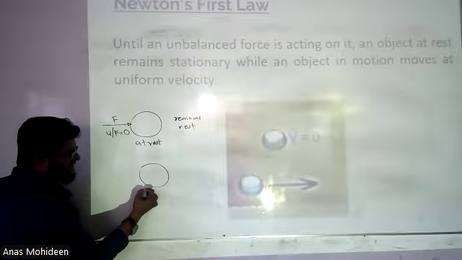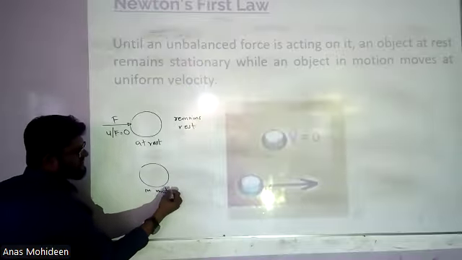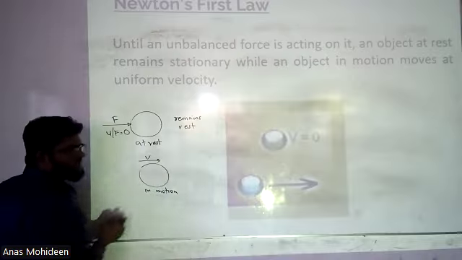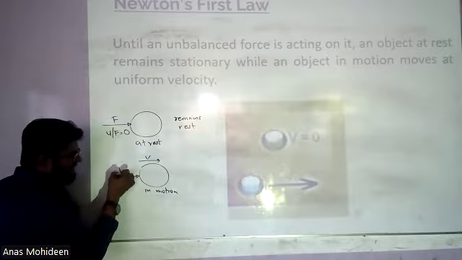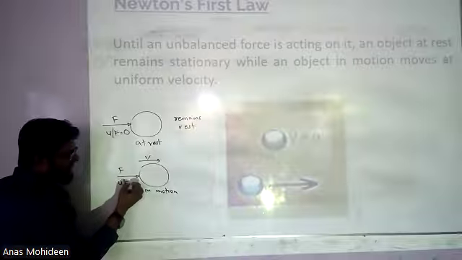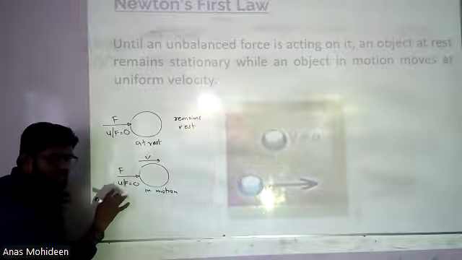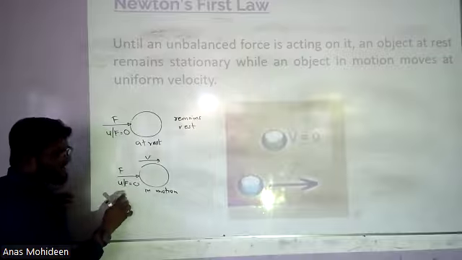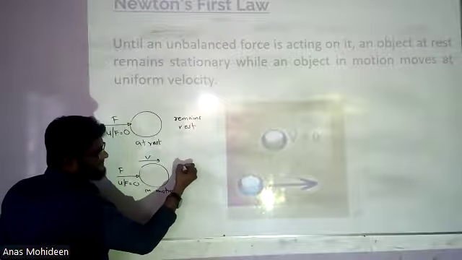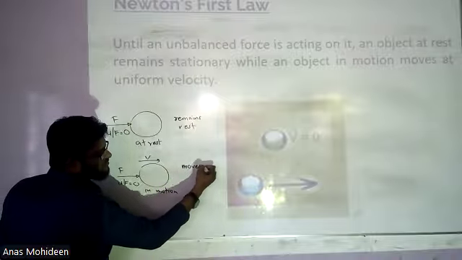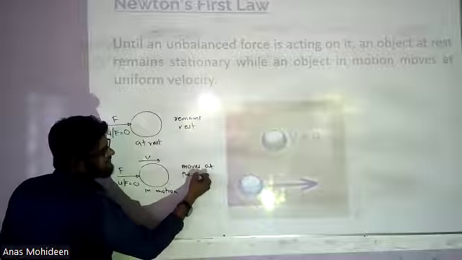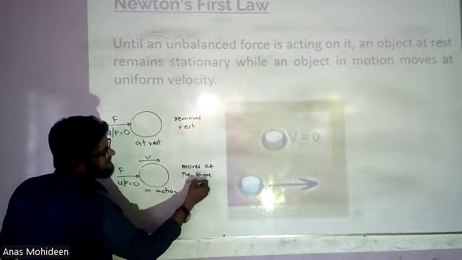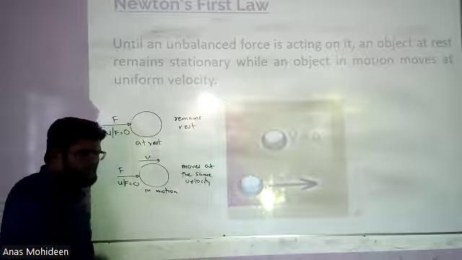And an object in motion, it's already moving. Let's say speed is v. You are giving a force, but it is not unbalanced. UF is not a standard symbol, I'm writing it short, okay? Unbalanced force is 0. So the object in motion moves at the same velocity, uniform velocity.